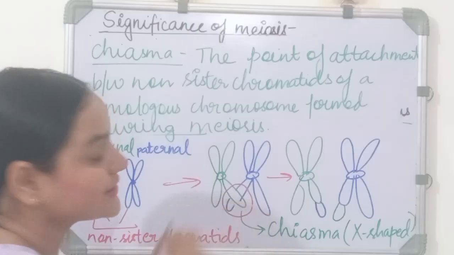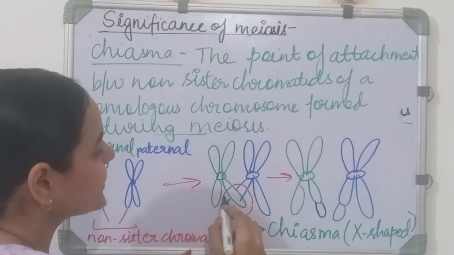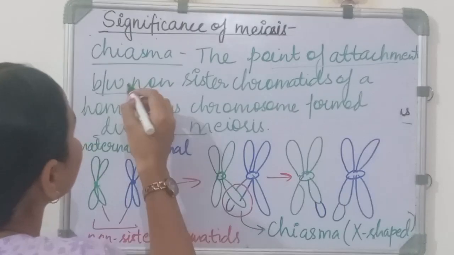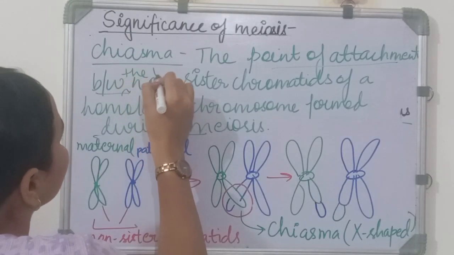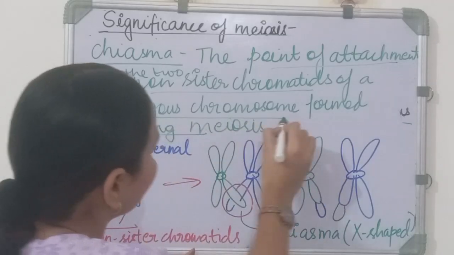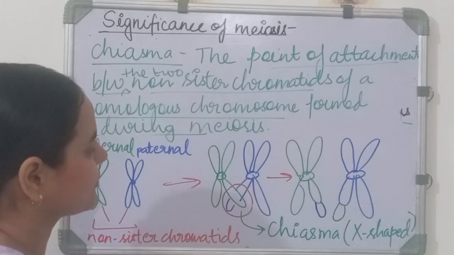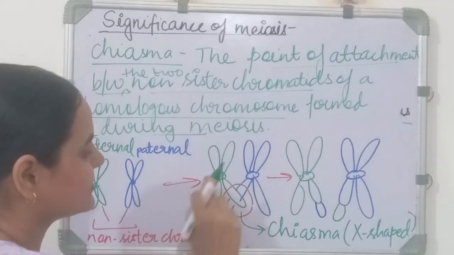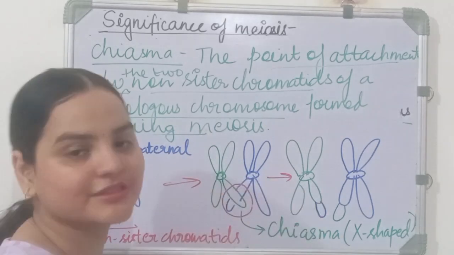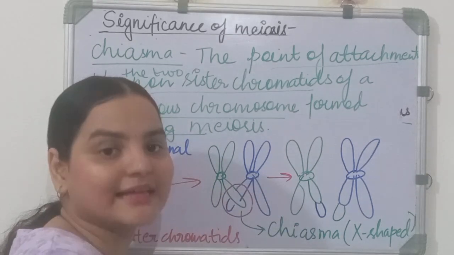So it is actually the point of attachment between the two non-sister chromatids of a homologous chromosome. See, these are the homologous chromosomes and this is the point of attachment between the non-sister chromatids formed during meiosis. It is happening during meiosis to form the gametes later on.